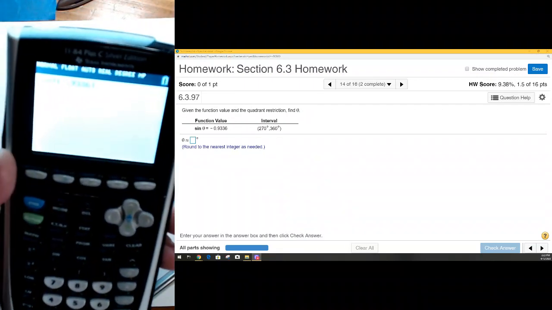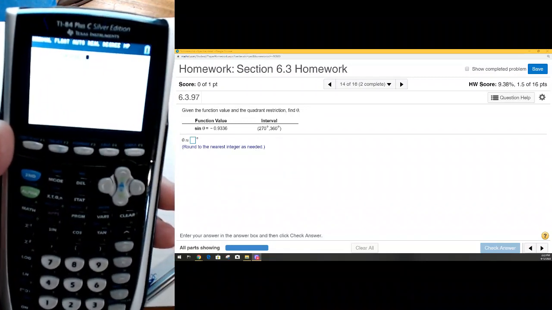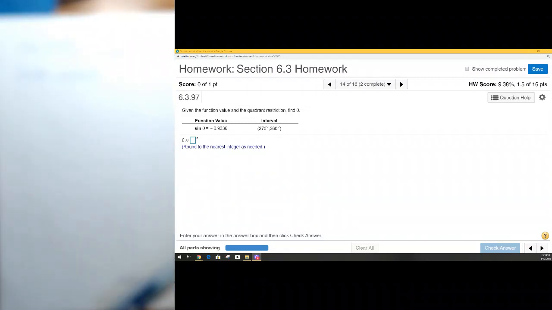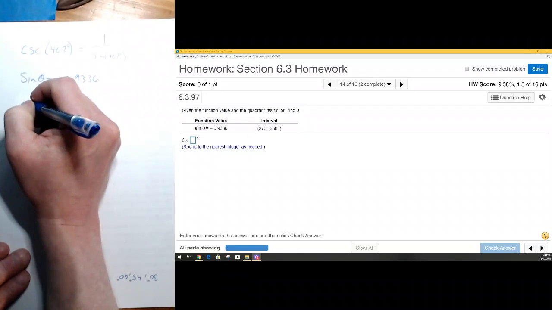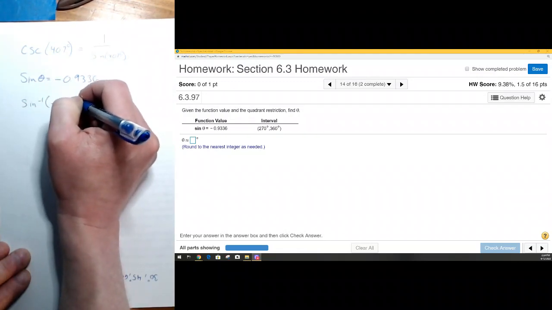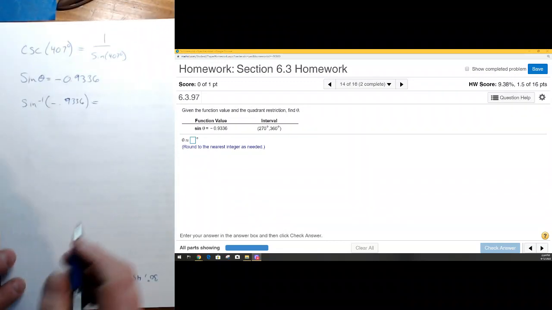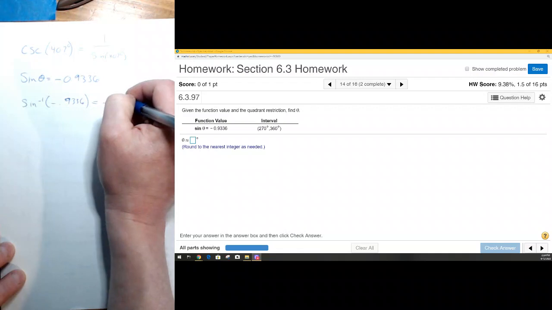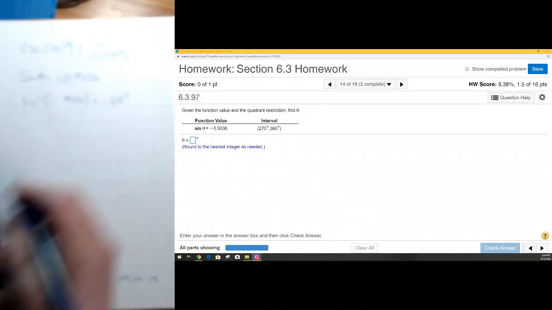I apologize for this, having technical difficulties, obviously, but what I typed into my calculator is exactly this: sine inverse of negative 0.9336. I'm going to press enter, and I'm going to get negative 69 degrees.